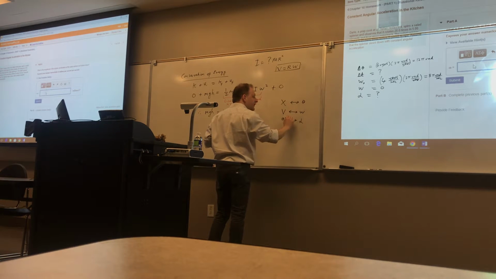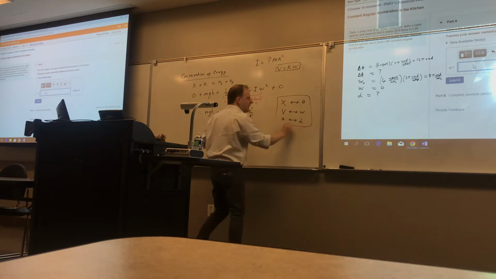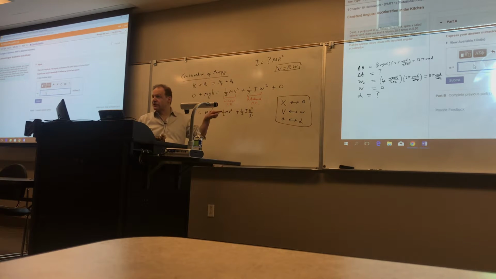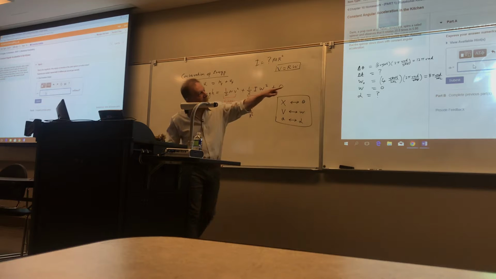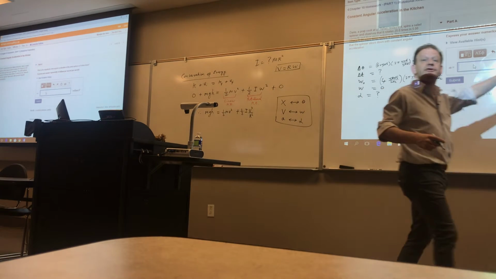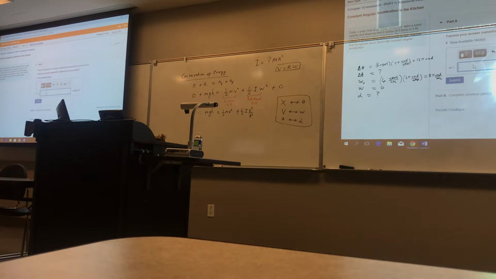You need to be able to do those conversions between linear and rotational quantities. So what's alpha then? Alpha will be omega squared minus omega naught squared over 2 delta theta, subtracting omega naught squared from both sides and dividing by 2 delta theta.